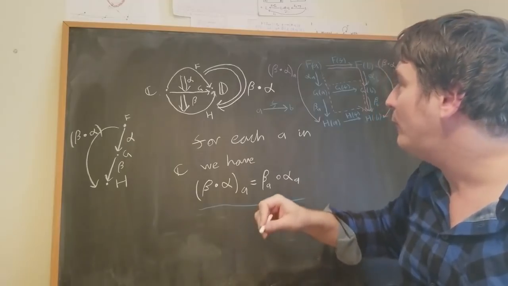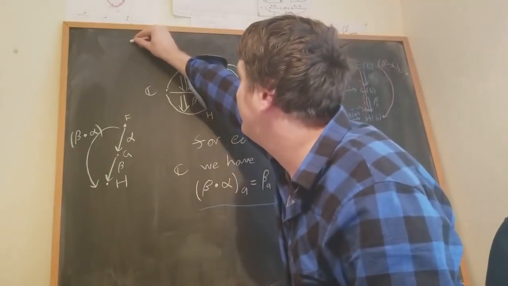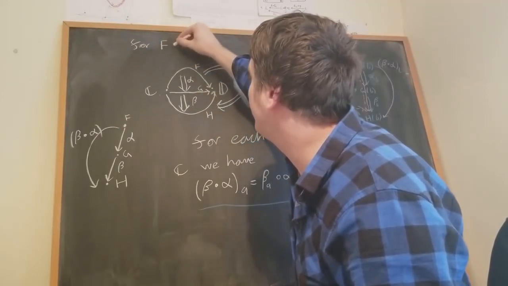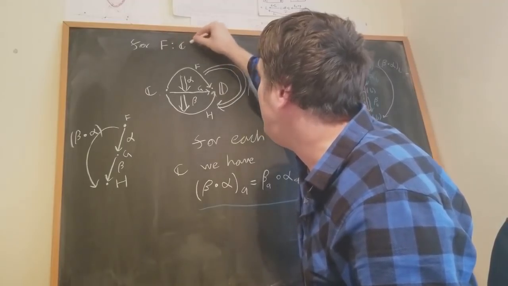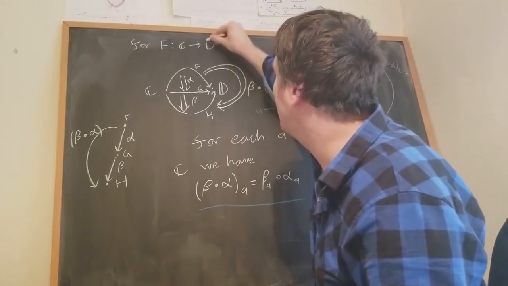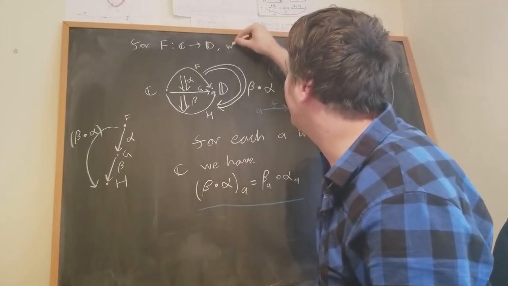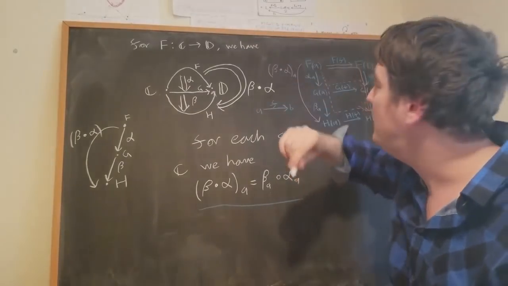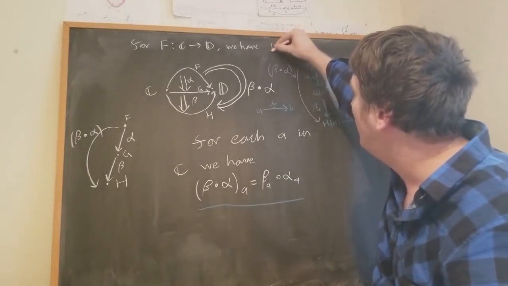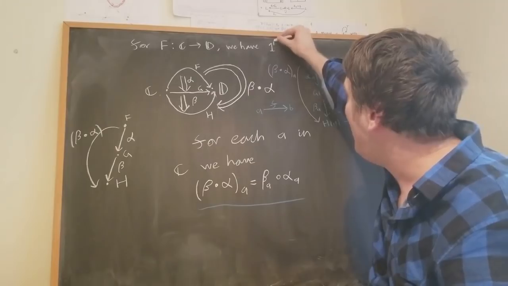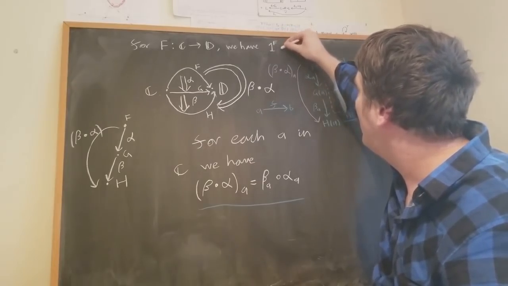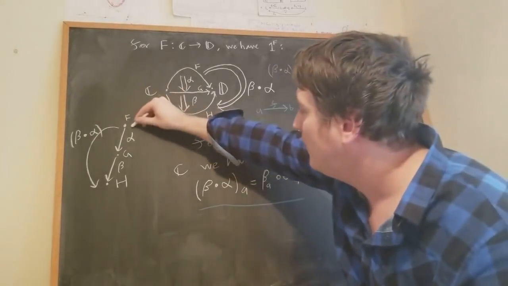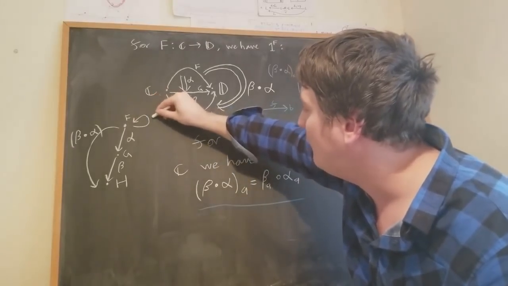So if we have a functor F from a category C to a category D, we have a natural transformation which I like to call 1 superscript F. So that's going to be a sort of identity natural transformation from this functor F to itself.